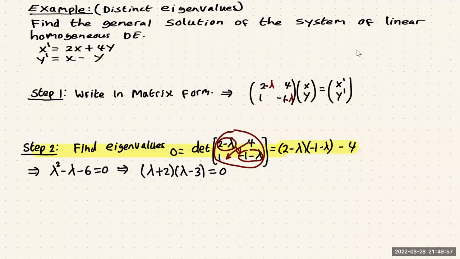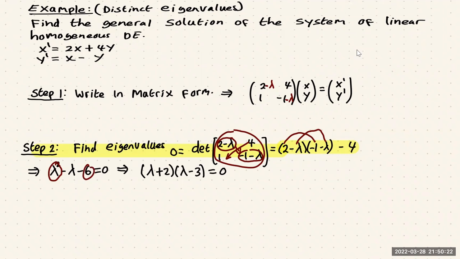Okay. And then if we multiply this out, we'll have minus lambda times minus lambda here. That's going to give me lambda squared. Then we'll have 2 times minus 1, and then we'll have minus 4. So I got the minus 6 here.